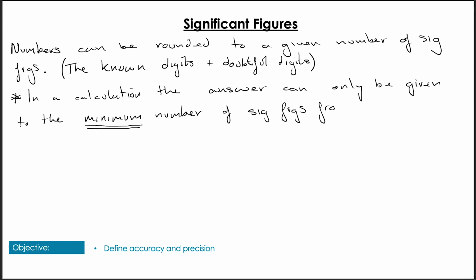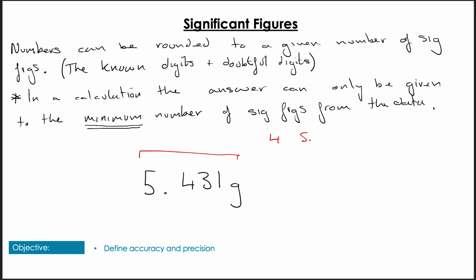So we can't have values given as answers with very high significant figures if one of our measurements had 1 or 2 significant figures. For example, in this measurement of grams, we have 5.431. That's 4 significant figures. And we could say these first 3 digits are our known digits. These are known with certainty.